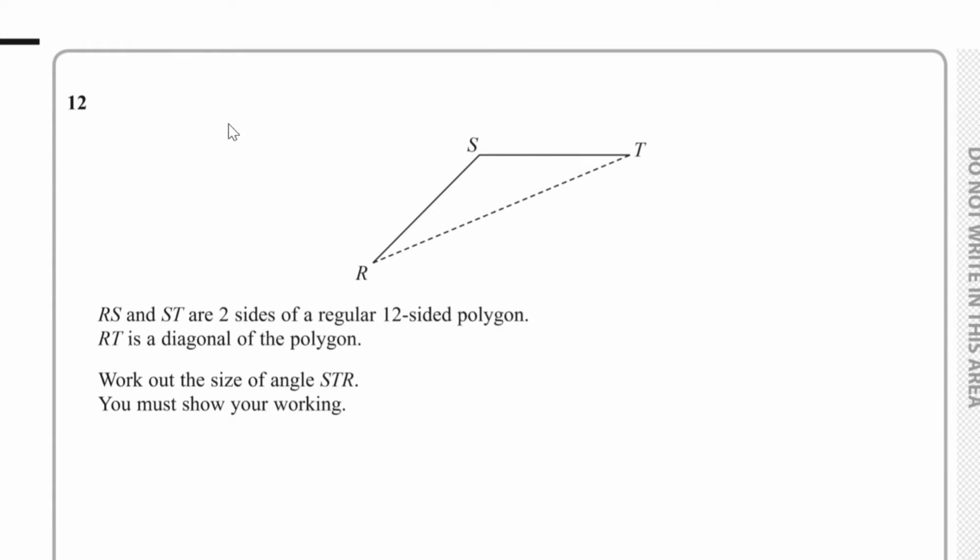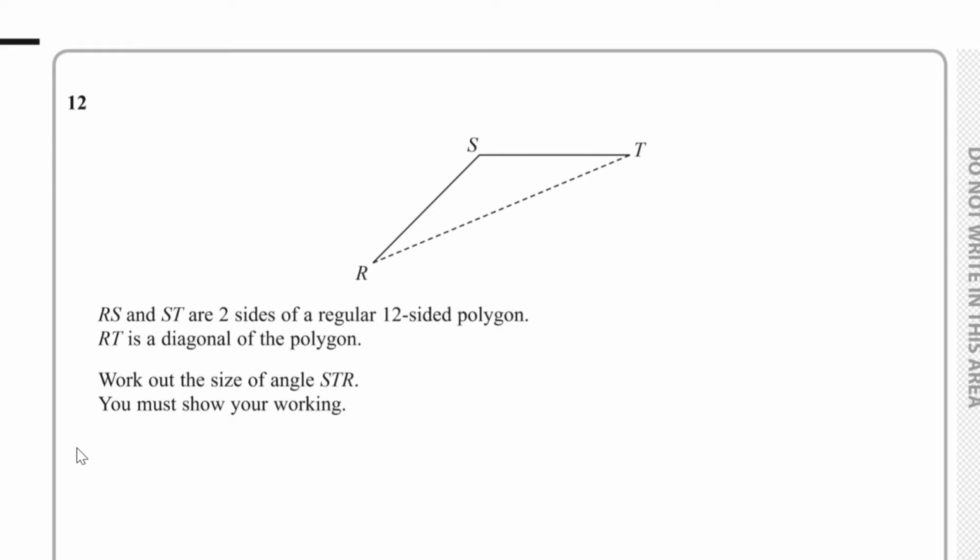Question number 12. RS and ST are two sides of a regular 12-sided polygon. RT is the diagonal of the polygon. We have to work out the angle STR.